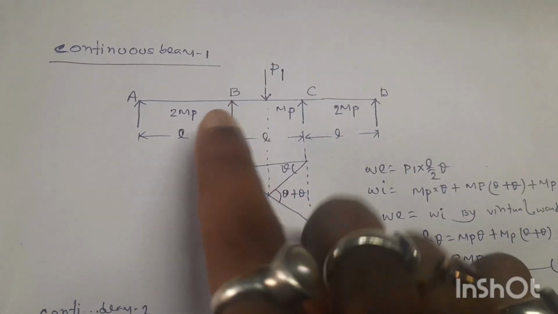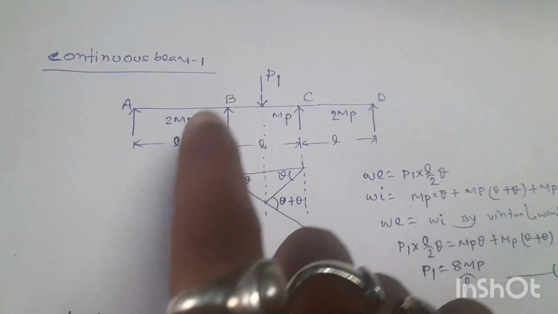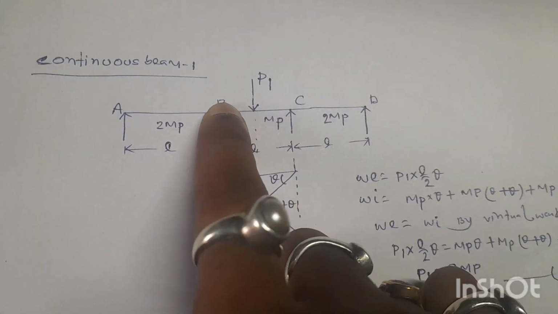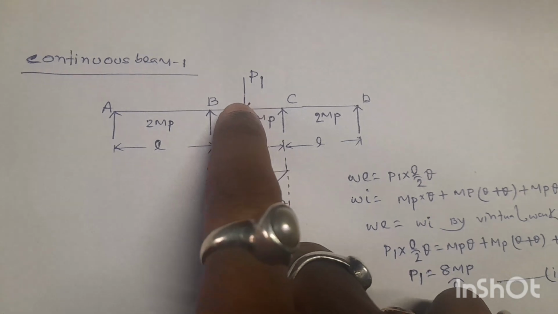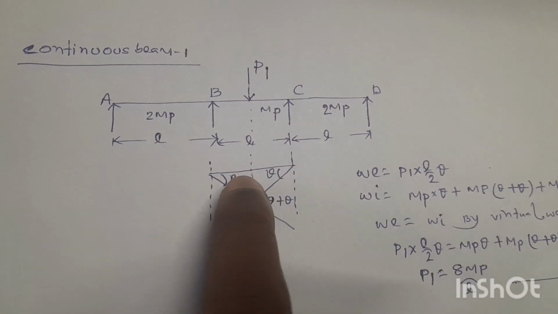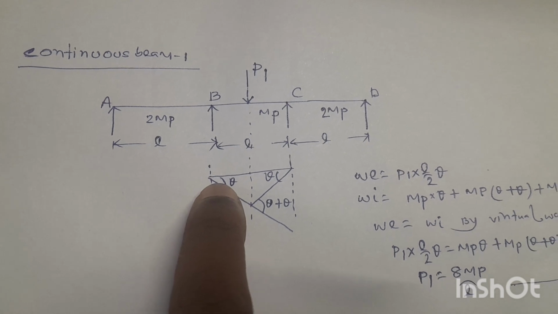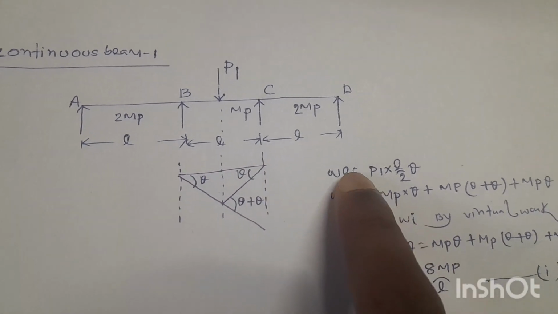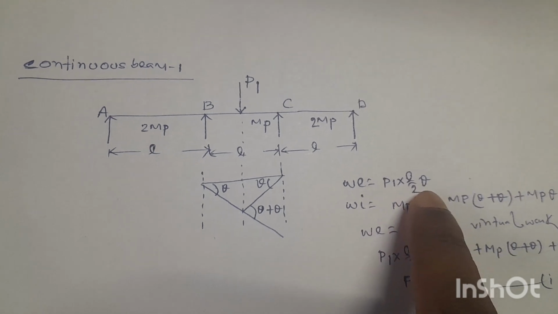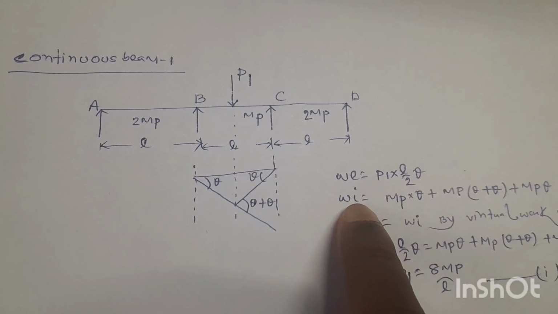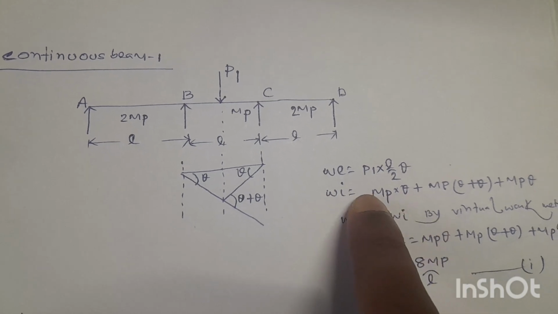So for continuous beam 1, ABCD, the plastic hinge will form at B and C and at the point of loading, P1. So the beam mechanism will be like this: this angle theta, this angle theta, and this angle is theta plus theta. So external work done will be load into deflection, P1 into L by 2 into theta, and internal work done WI will be equal to moment into rotation.